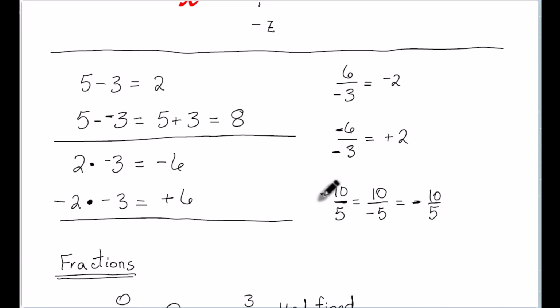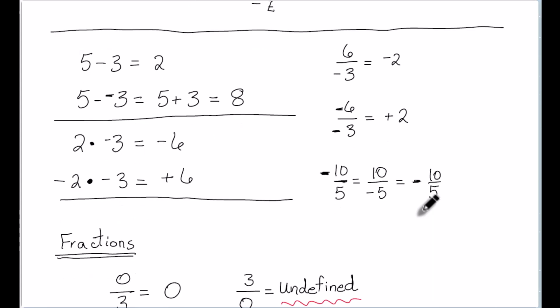Well, the minus can go in the top, the minus can go in the bottom, or the minus can go in front of the whole fraction. All three of these are exactly the same number, and that number is minus 2. So again, put the negative in the top, the bottom, or out in front, whichever the situation calls for.